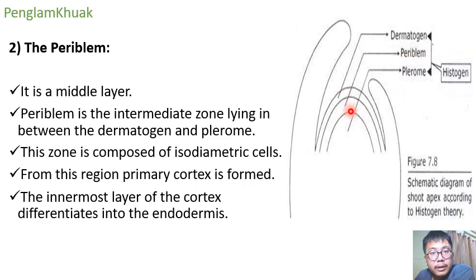The cortex is present below the epidermis but outside the vascular bundles, and the innermost layer of the cortex will differentiate into the endodermis. Endodermis will be present just outside the vascular bundles.